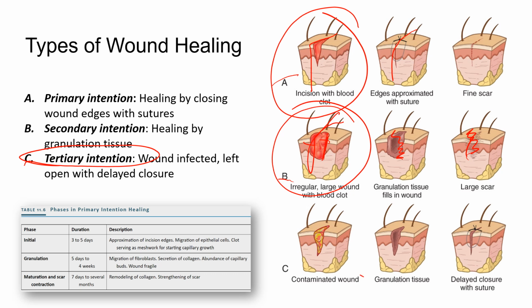So with this contaminated wound we have here, it's got to be cleaned out, whether it's debrided or we put antibiotic ointment or whatever it is. Then it'll probably turn into a secondary or primary intention after that. Either it'll be left open to heal, or if the wound edges can approximate, then they can put in sutures or staples.